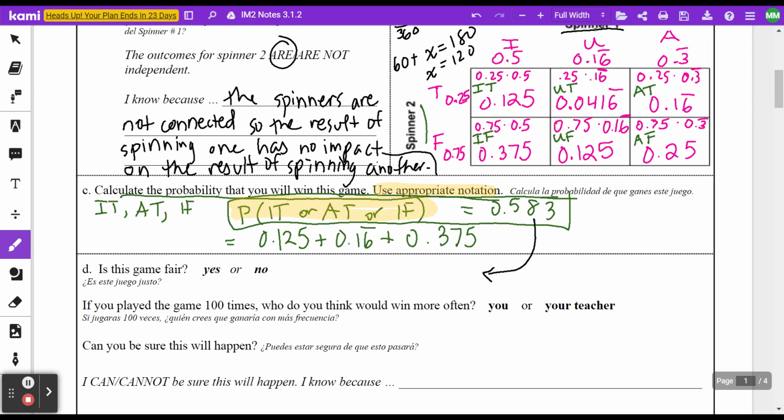That's not fair. According to this class and this time, fairness will be defined on a 50-50 chance if there's no money involved. If we were to play this game 100 times, you would win more often because your chance of winning is more than one half.